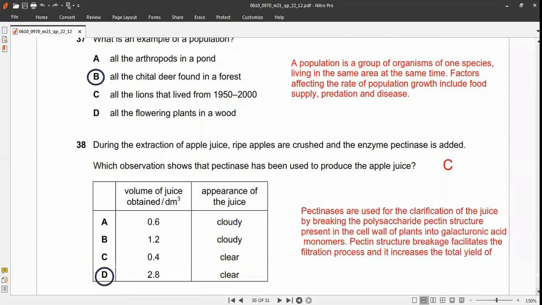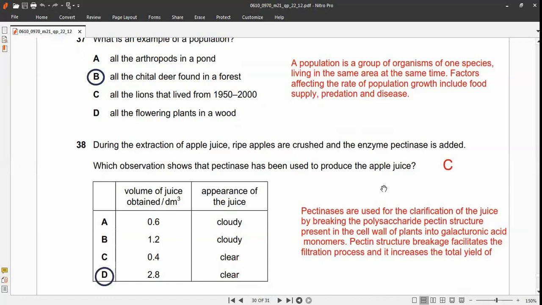During the extraction of apple juice, ripe apples are crushed and the enzyme pectinase is added. Which observations show the pectinase has been used to produce the apple juice? Pectinases are used for clarification of the juice by breaking the polysaccharide pectin structure present in the cell wall of plants into galacturonic acid monomers.